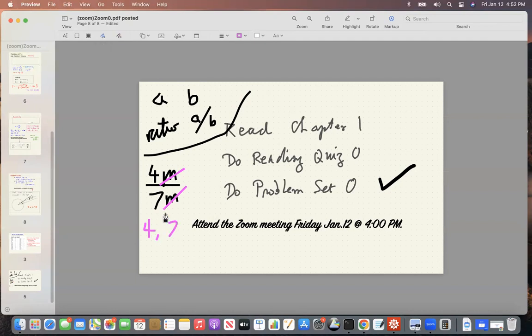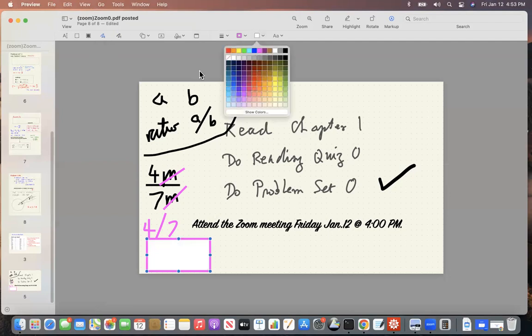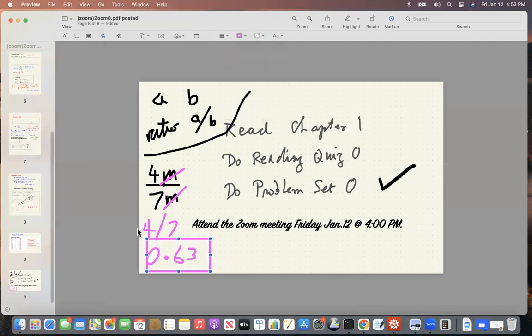It wants a number. It doesn't want an arithmetic calculation to do. So you would have to convert this into a real number. Well, let's see, 4 divided by 8 would be 0.5. This will be a little bit bigger than 0.5. So maybe it's 0.63 or something. So this is what you type into Lon-capa. The number.